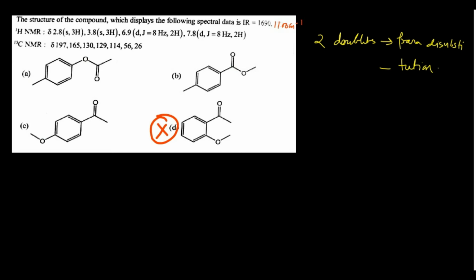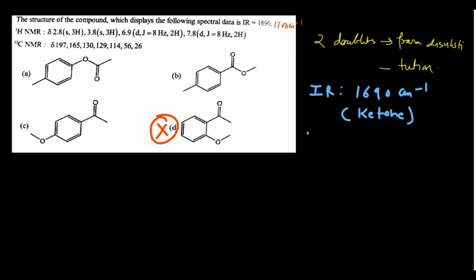But again, with the very simple thing given in the question itself, you can check your IR spectrum. In the IR spectrum, it is saying that you are getting a band at 1690 centimeter inverse. And please remember, below 1700, whenever you have this band and your compound has a carbonyl group, it is due to the ketone.